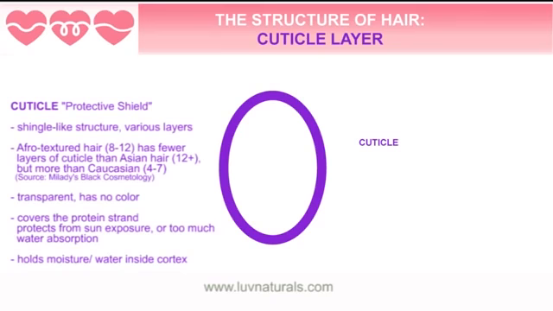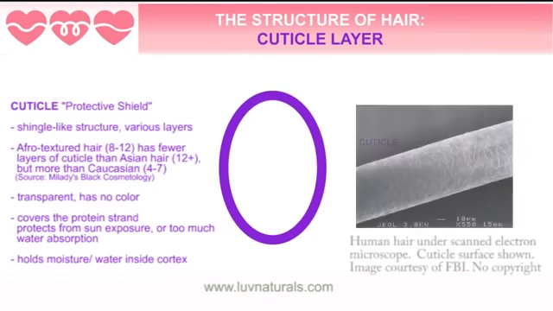Now the cuticle layer, here represented as purple, functions as the protective shield for the protein inside. It has an overlapping shingle structure like the roof of a home or bark of a tree. Human beings have anywhere between 5 to 12 cuticle layers.